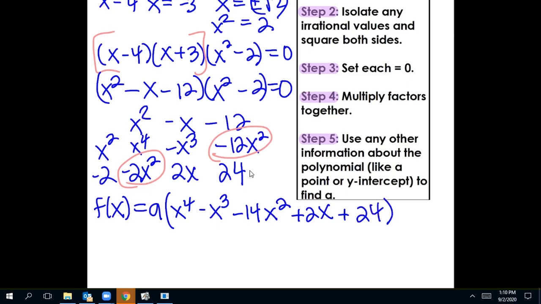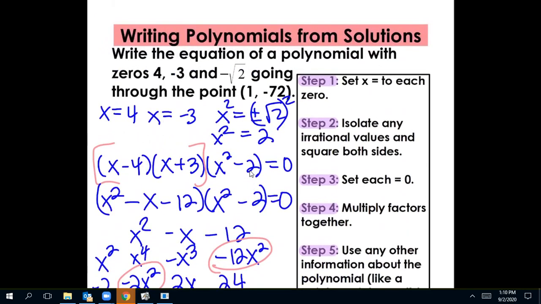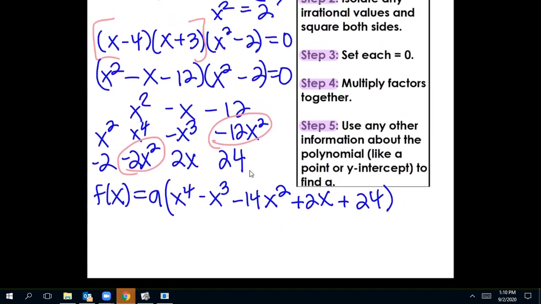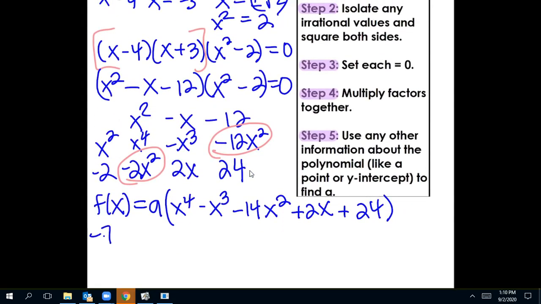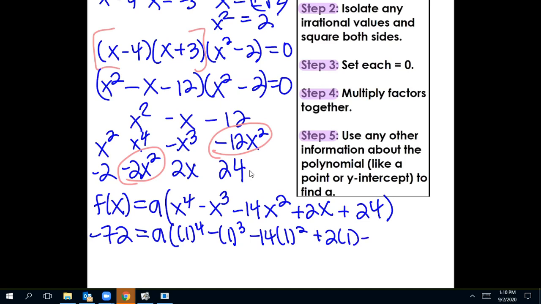And so now when we look back at the top, it says going through the point 1, negative 72. So we'll plug negative 72 in for y. We don't know a, and then we'll plug 1 in for every x. All right, so that's 1 minus 1 minus 14 plus 2 plus 24.